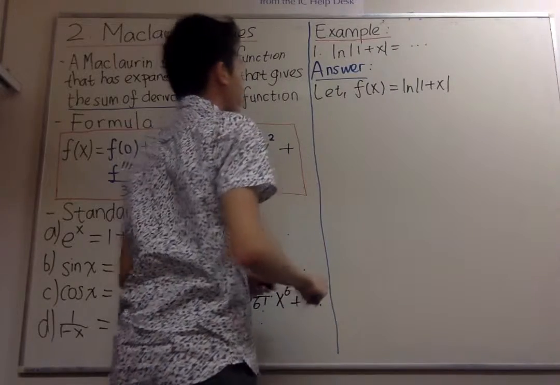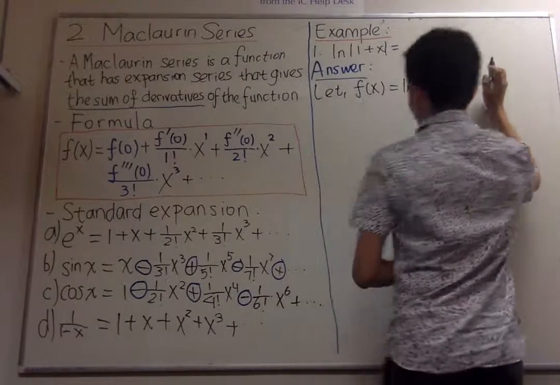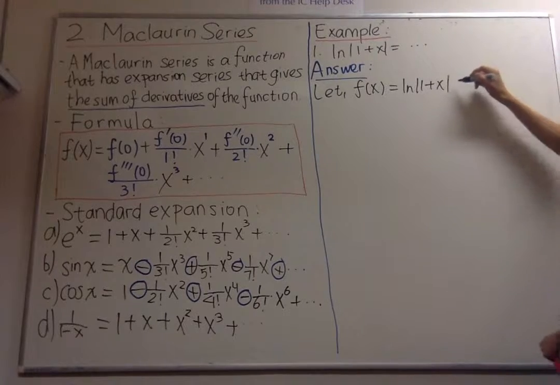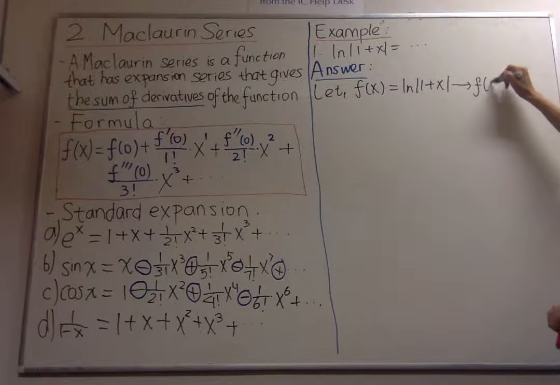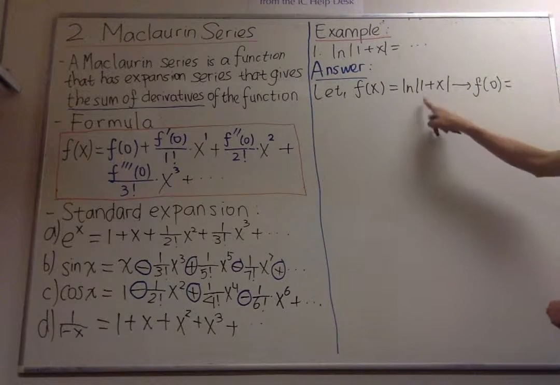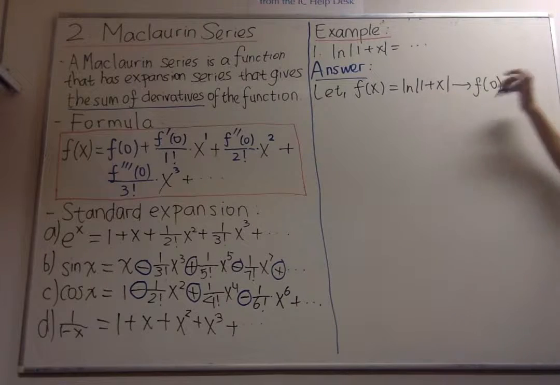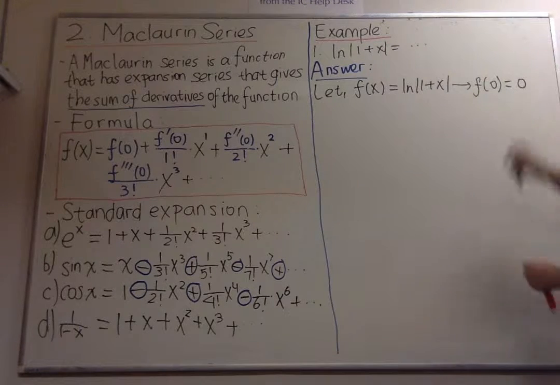When we plug in x equal to 0, we have ln of 1, which is 0.